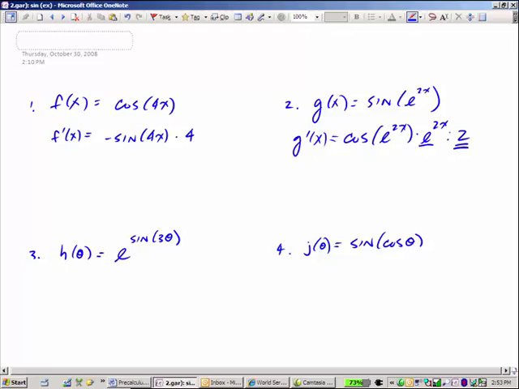Question, or you want to do the next? All right, hold on. Are there any questions about those first two? All right, let's give it a shot, David. All right, so you're going a little out of order, but you want to say it's cosine 3 theta times e to the sine 3 theta.